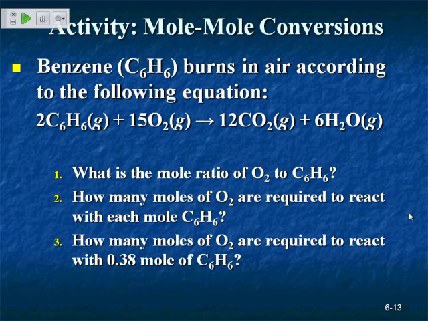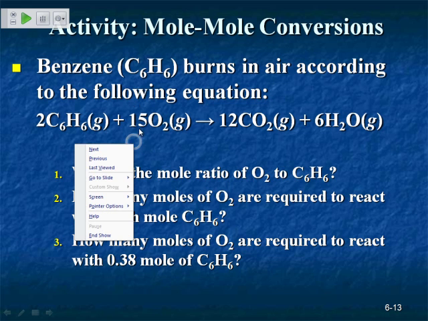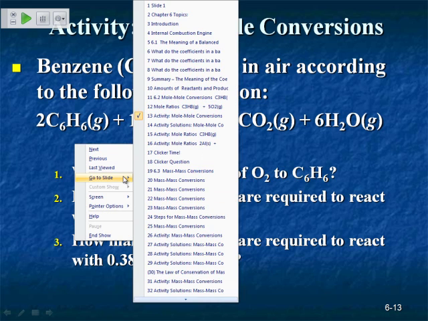So if you have only 1 mole of benzene, how many moles of oxygen will you need? 7.5. Well, we can just do that overhead, or if you want to write it down as the mole ratio problem, because everything won't be that easy, right? It won't be easy numbers like that.